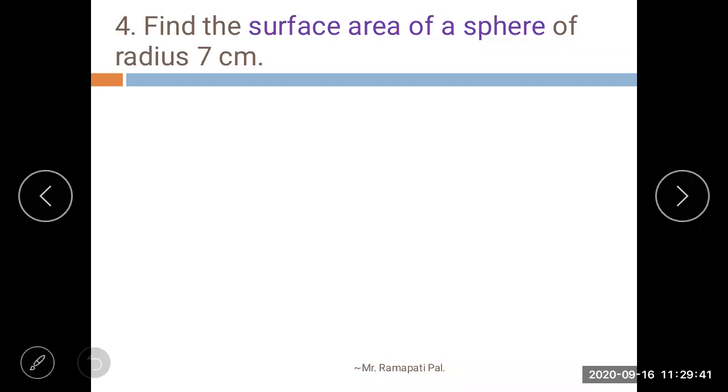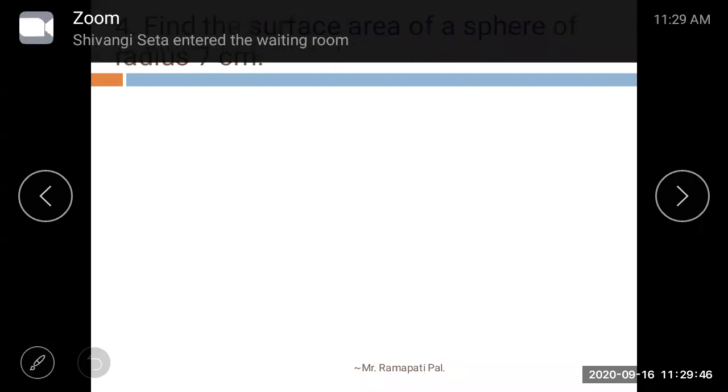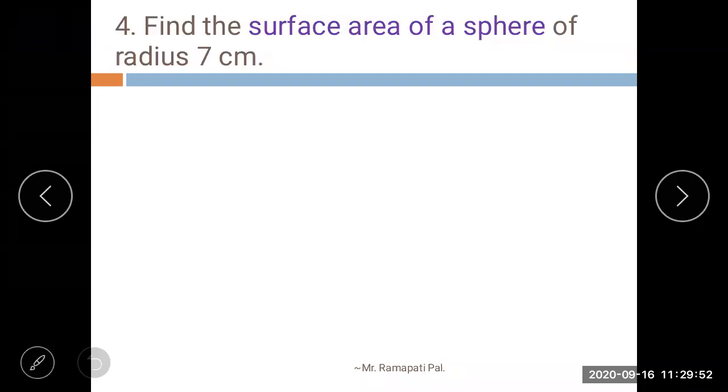4 pi r square. Surface area of a sphere is 4 pi r square. Now substitute the value. The value of pi is 22 upon 7. R is 7, so r square will be 7 square. Is it clear? Now solve it fast.